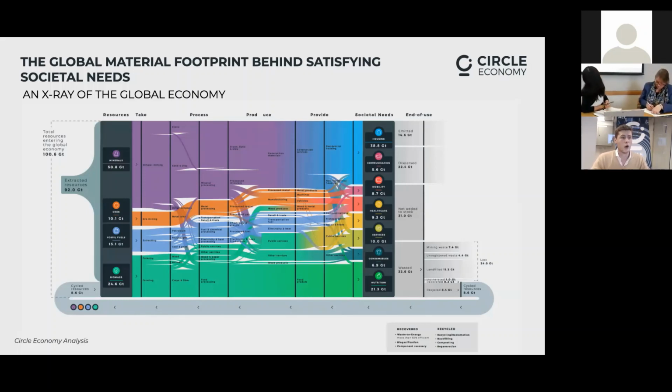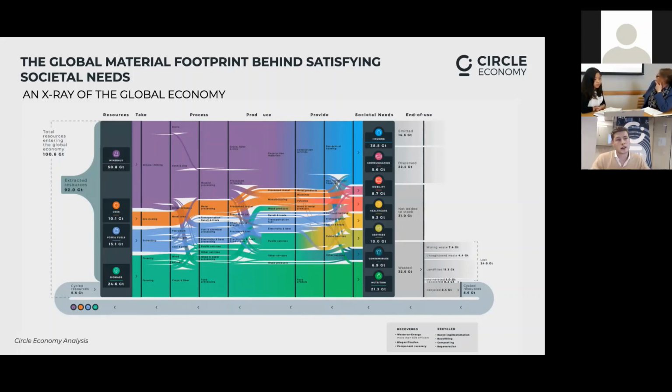And also a large part of those 92 gigatons are currently being extracted from virgin sources, whereas 8.6 gigatons come from cycled resources, so secondary materials that have already had a previous life. That's how this 8.6 comes into place. So the share of these cycled materials out of the total resources entering the global economy.